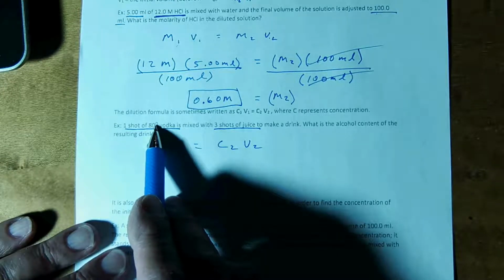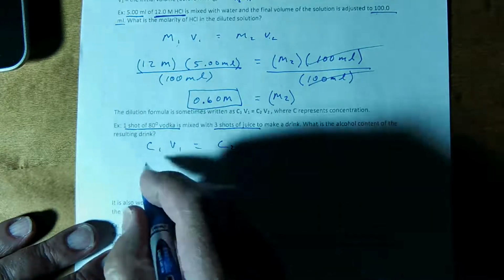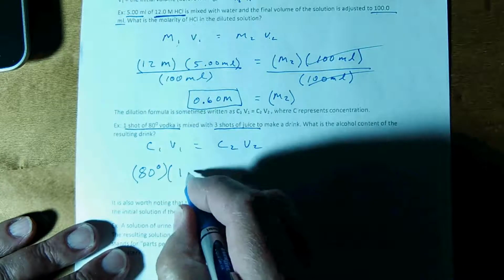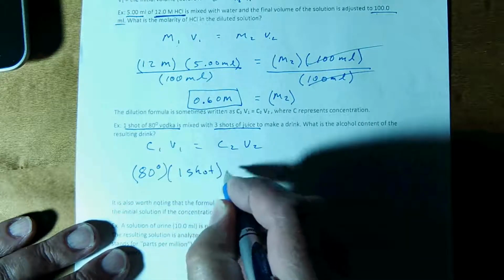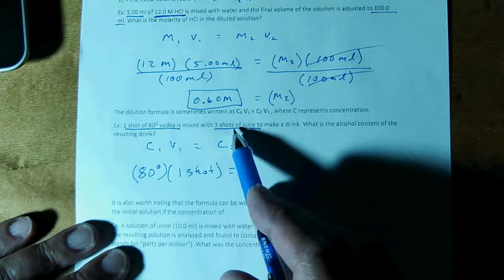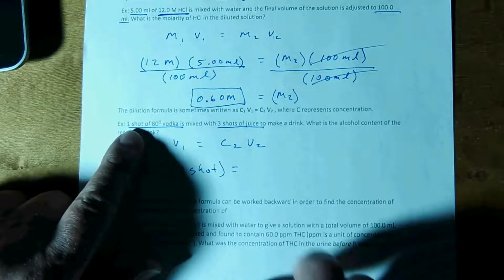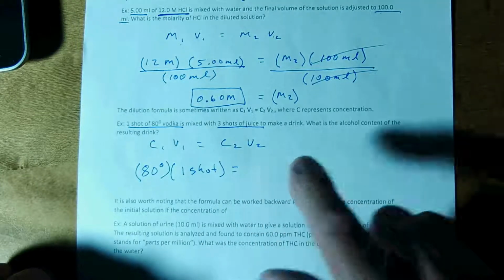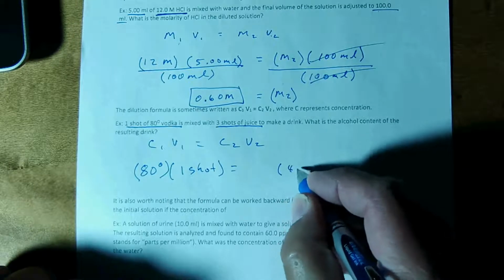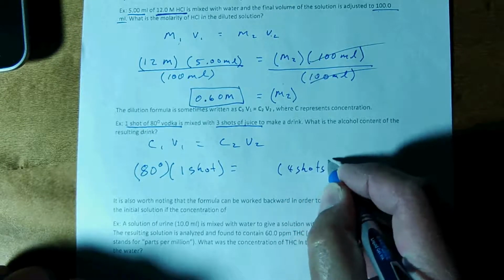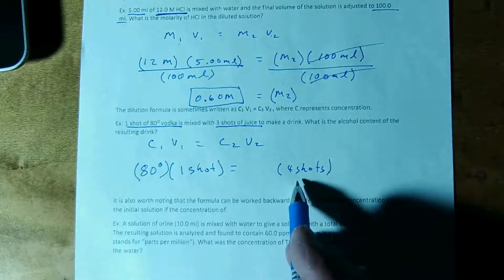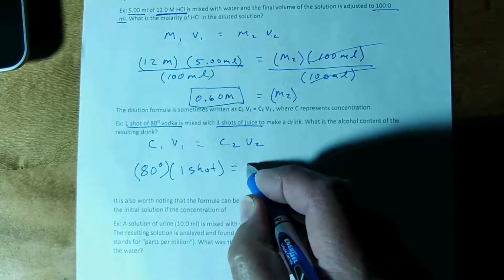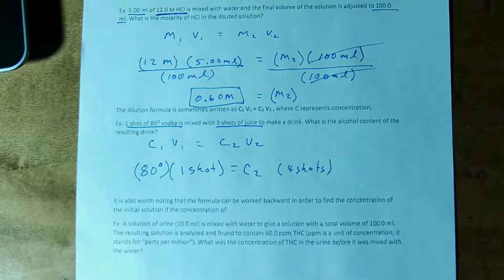So the initial concentration is 80 proof. The initial volume was 1 shot. We mixed it with 3 shots of juice, so our final volume is going to be 4 shots: 3 shots of juice mixed with 1 shot of the vodka. And we can figure out the final concentration.